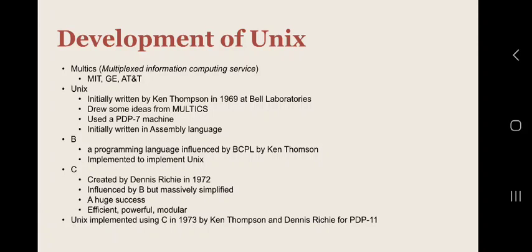If you have to write an operating system today, most probably you will use C or its derived languages. If you write a compiler, kernel driver, and whatnot, you will be choosing C even today, after so many years in the computing world. That's the power of C. It's a very lightweight, very small language.